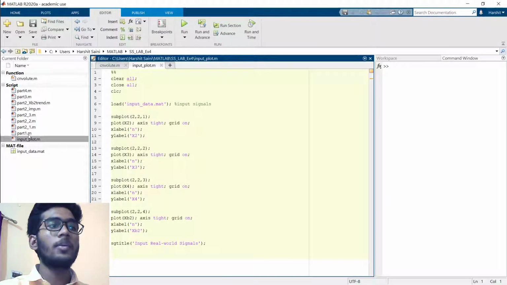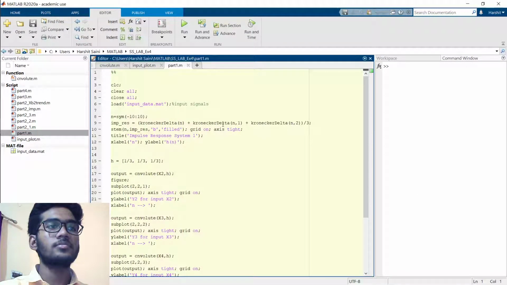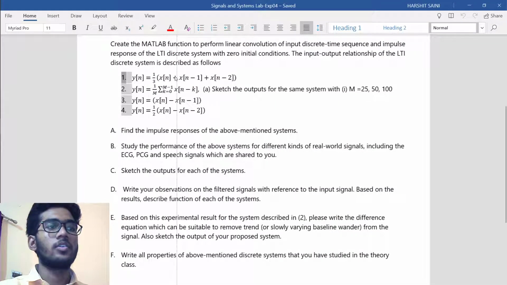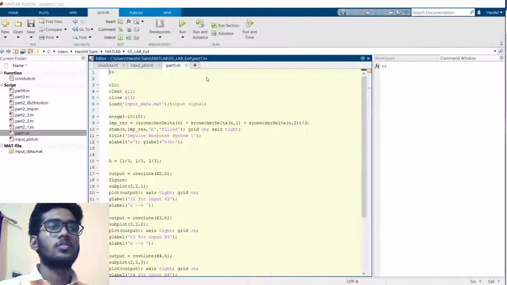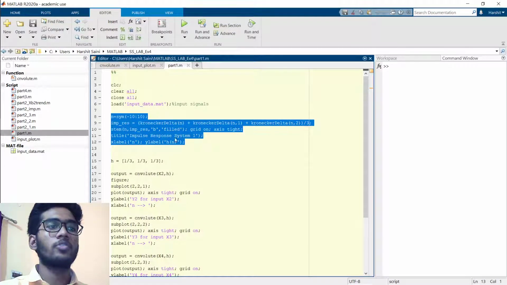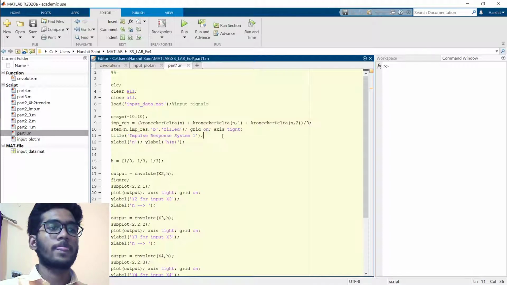Now, coming to our first system, which was y[n] equals 1/3 times x[n] plus x[n minus 1] plus x[n minus 2]. Here is the code for this system. First, we get a visual representation of our impulse response using the canonical delta function and its shifted versions, and we plot them using the stem command.